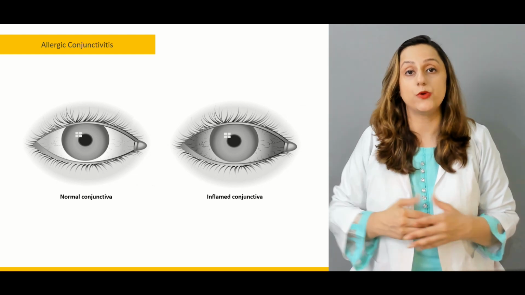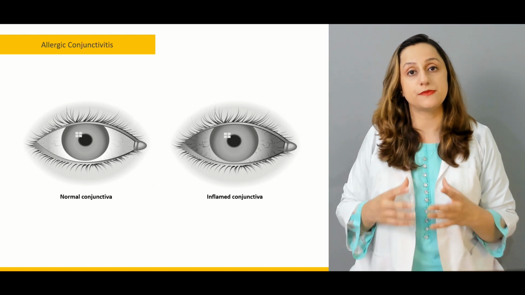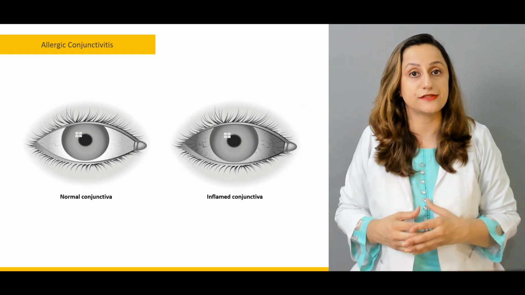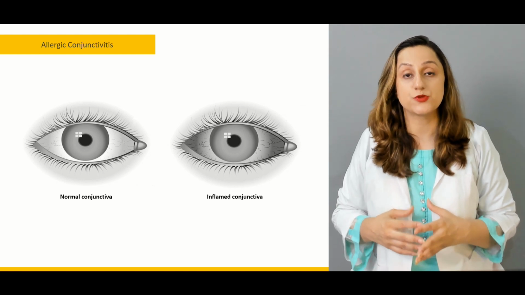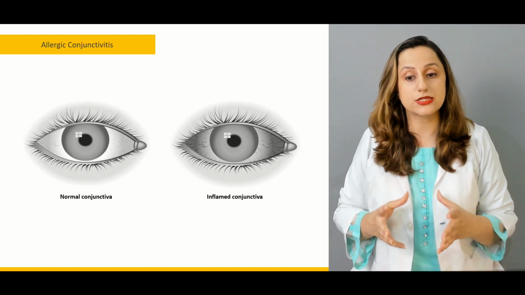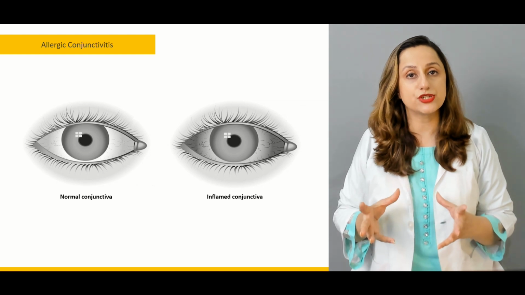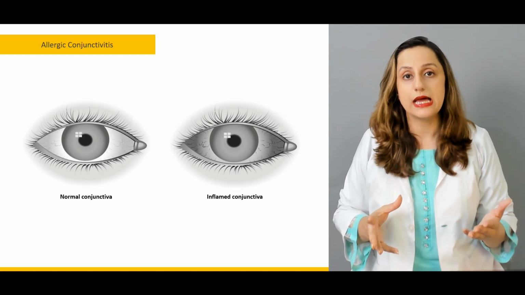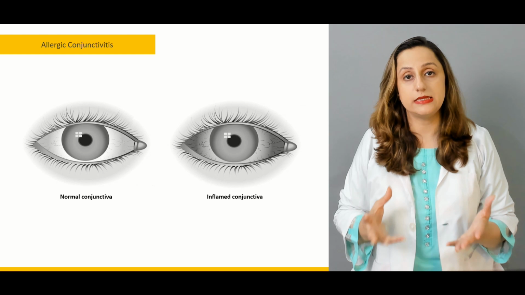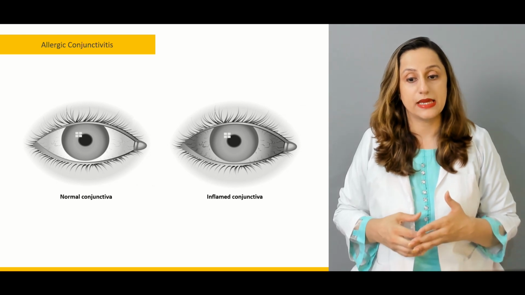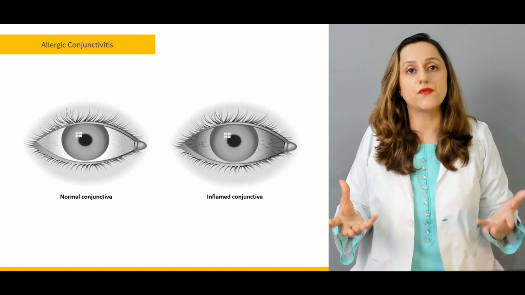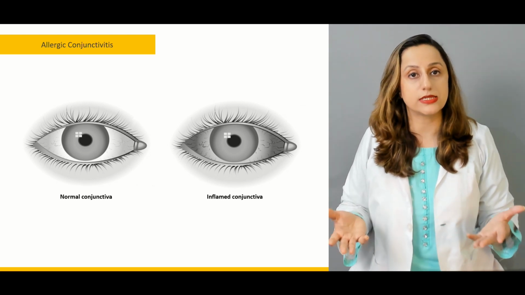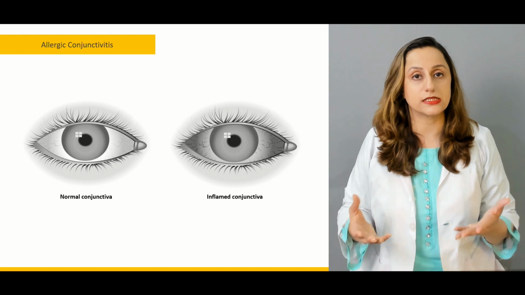This is how we differentiate a case of allergic conjunctivitis from the various other causes of conjunctivitis which we've already discussed. These inflammatory conditions can occur in other conditions, but we weigh these characteristics in the inflamed conjunctiva, which obviously has multiple causative factors.